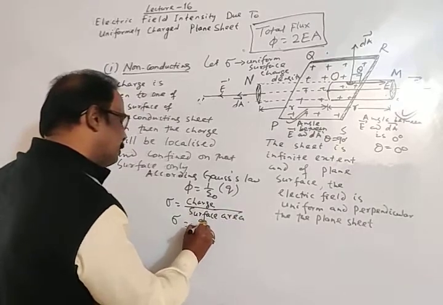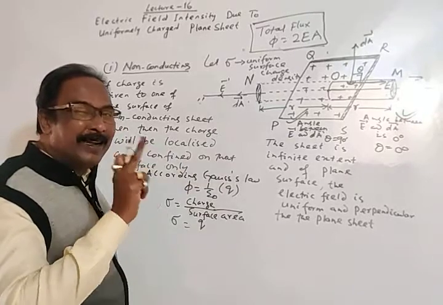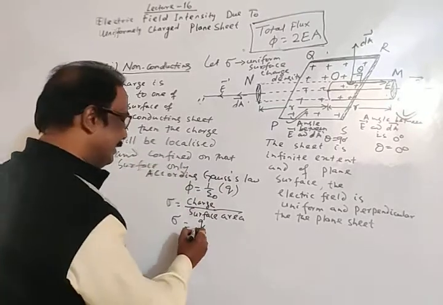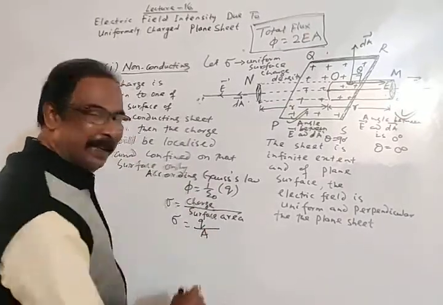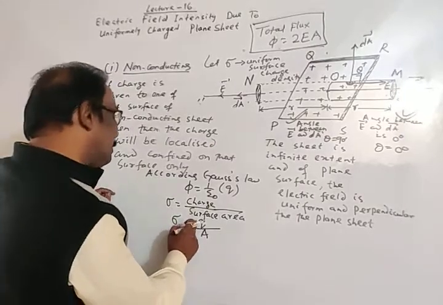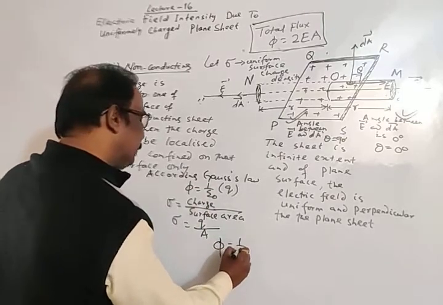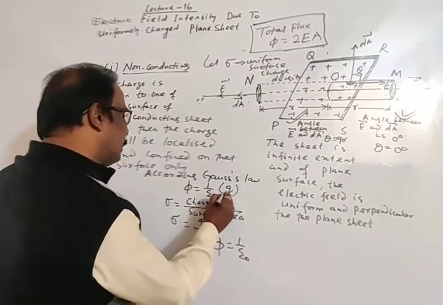Let the charge given be Q, but charge is confined on one surface only. Let the surface area be A. Then sigma is equal to Q by A, so flux is equal to 1 by epsilon naught times the charge.